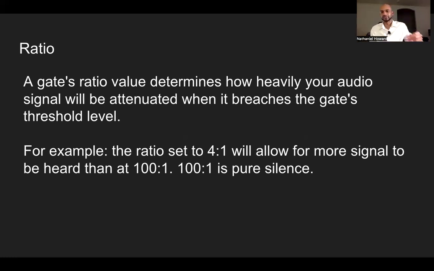One of the settings, 4:1, will allow for more signal to be heard, which is good sometimes depending on what you're dealing with. That would be more signal to be heard than 100:1. 100:1 is pure silence. So we'll play around with that next time, actually.